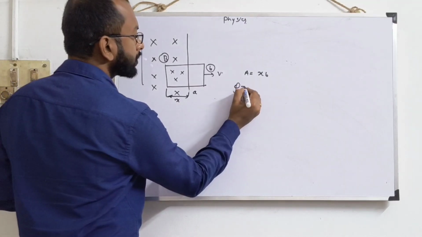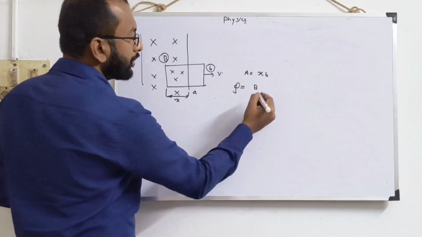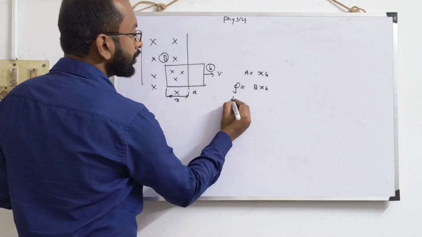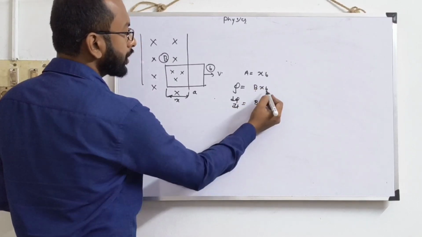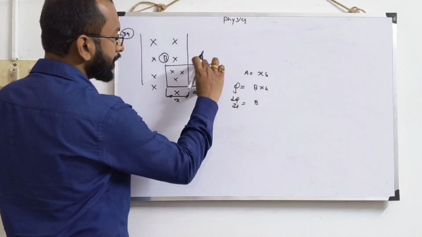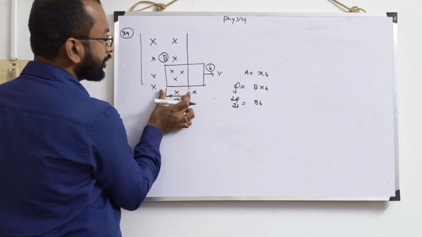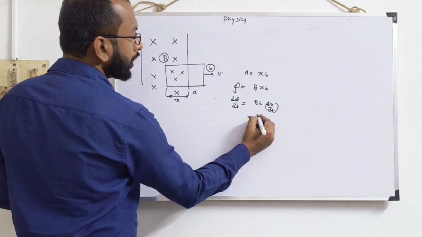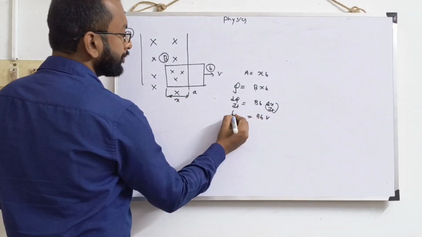What is the magnetic flux? B dot A, of course, but here it is cos 0, so we'll just put B into A, that is Bx into b. So d phi by dt is going to be, B is constant, small b also is constant, so the only variable is x because x is continuously reducing, so it is multiplied with dx by dt, and that is also constant, the rate of change of x is v.